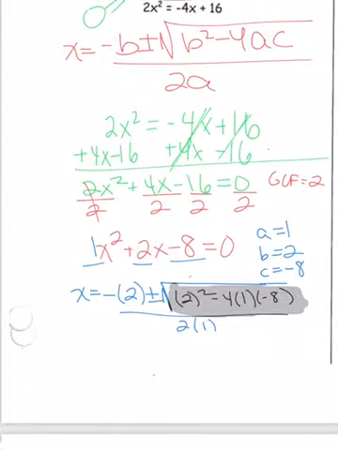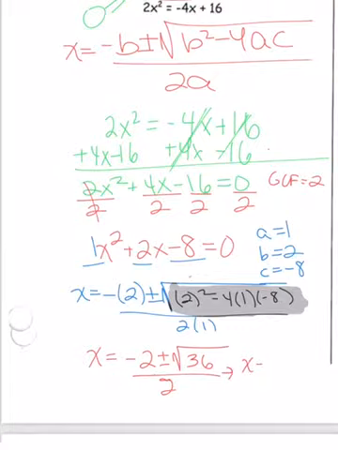We've got x equals -2 plus or minus the square root of 36 all over 2. Well, guys, we should know what the square root of 36 is. This is going to reduce to x equals -2 plus or minus 6 all over 2.